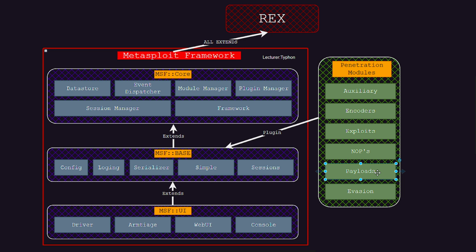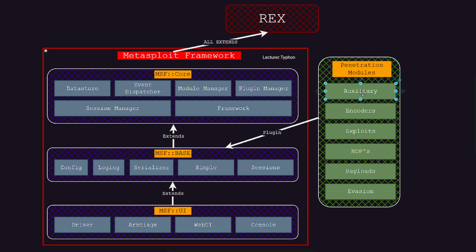Payloads can perform various tasks such as installing a backdoor or running specific commands on the target system. The well-known Metasploit shell is an example of a payload, and it offers extensive control over a compromised system.